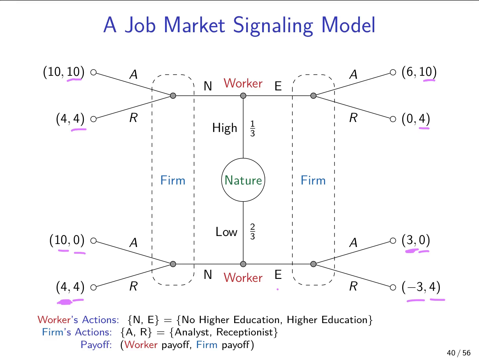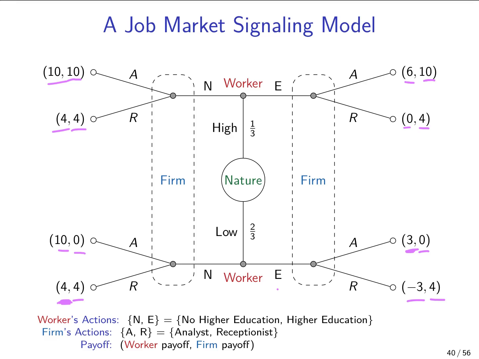Okay. And similarly, if no education, the high type gets 10 as an analyst and 4 as a receptionist. But if the high type got education, it's costly, so the payoff would be lower. Let's say 4, in which case the receptionist payoff becomes 0, and being hired as an analyst, the payoff becomes 6.